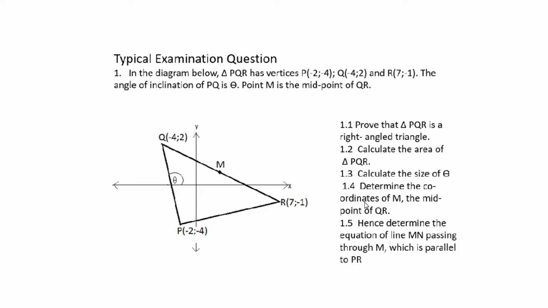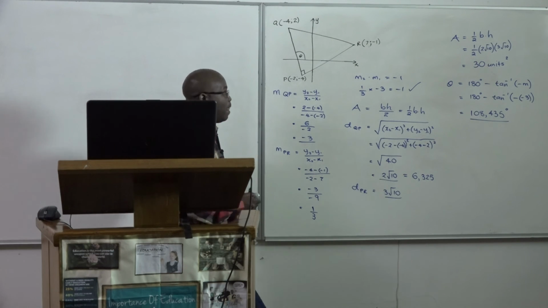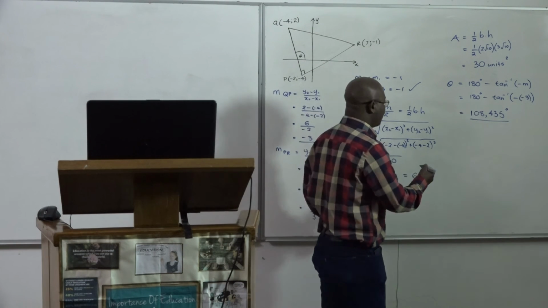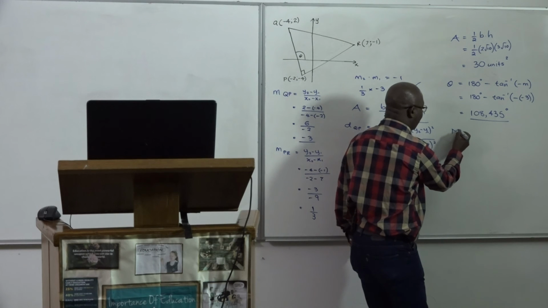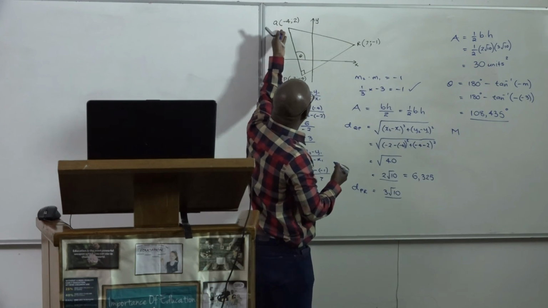Question 1.4, we are going to determine the coordinates of M, which is the midpoint of QR. Fine. So we know that our midpoint formula is capital M, and we are looking at the midpoint of line QR.